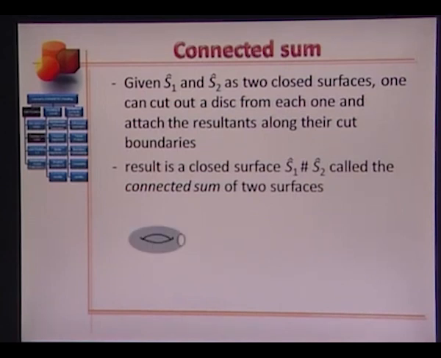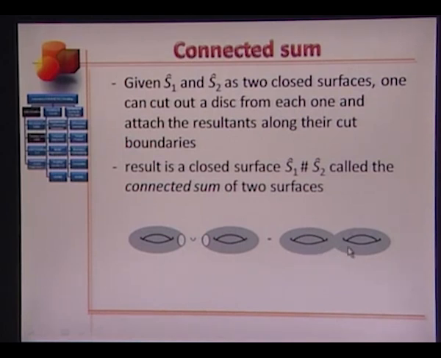If you consider a torus, for example, and another torus, and cut out a disk from each of them, and then attach these two solids at these two boundaries, circular boundaries, take the union, what you would get would be the connected sum of two tori.